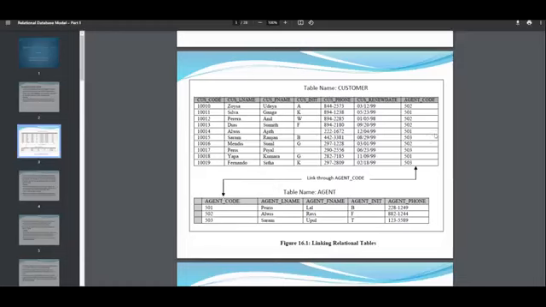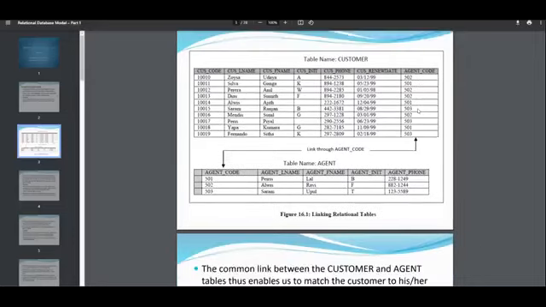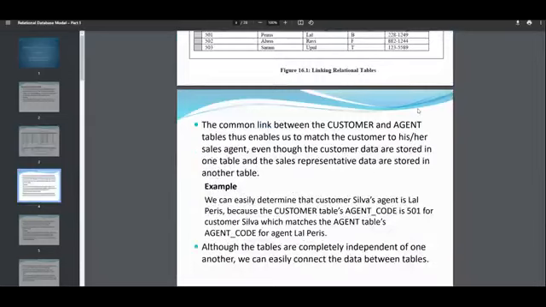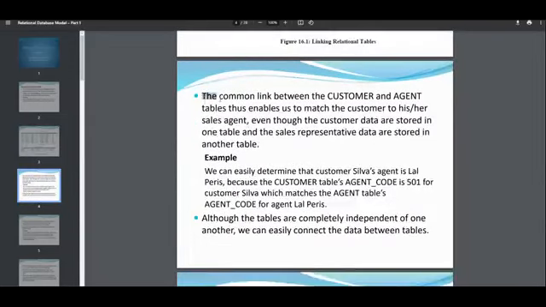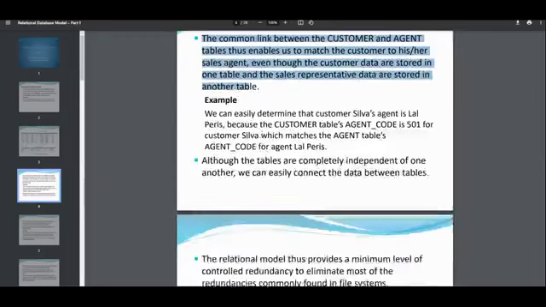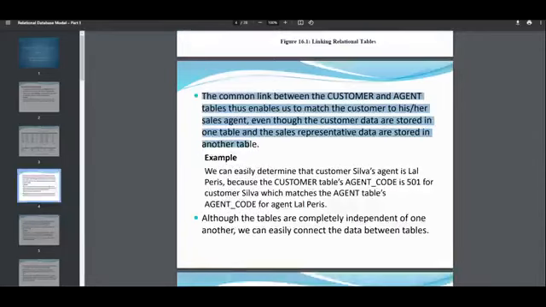The foreign key is the agent code. There is something mentioned here. So when there is a connection between records, we can go through these.